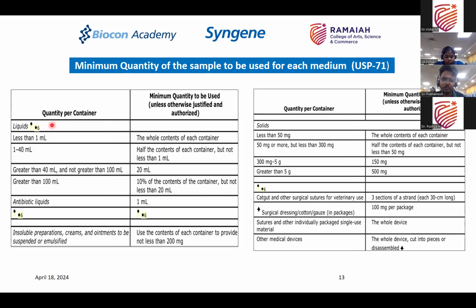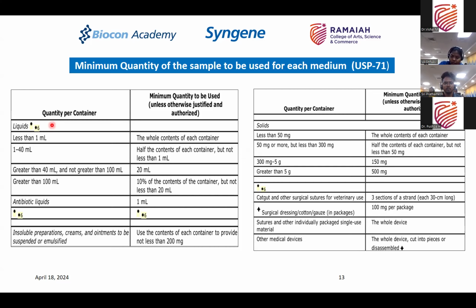The previous table was out of the batch, bulk products, whatever you get, the minimum number of samples which has to be selected. Here, minimum quantity, how much amount of the sample has to be collected. That is what this table represents. Minimum quantity of the sample to be used for each of the media according to USP 71.